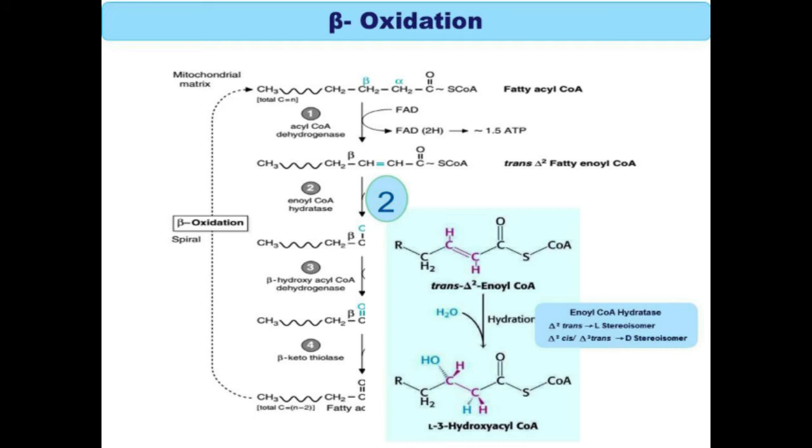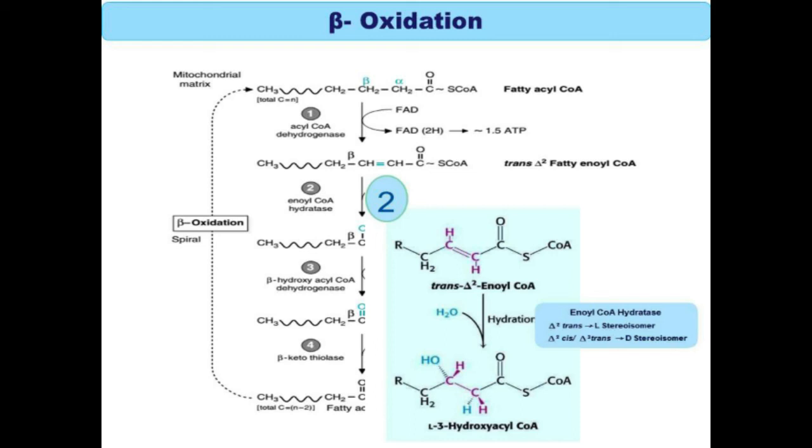Step 2. In the second step, delta 2 trans-enoyl-CoA is hydrated to form 3-hydroxyacyl-CoA by the enzyme enoyl-CoA hydratase. The addition of water across the delta 2 trans double bond is stereospecific and results in the formation of the L stereoisomer of 3-hydroxyacyl-CoA, which is absolutely specific for the second dehydrogenation step.